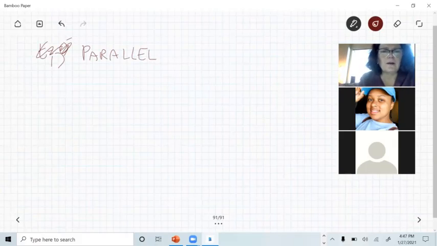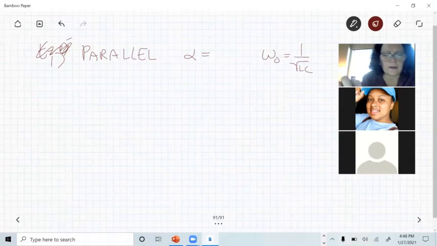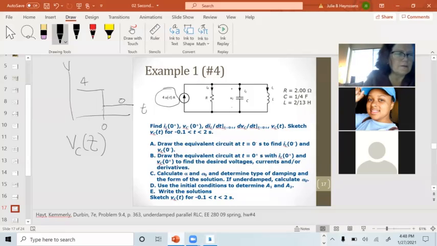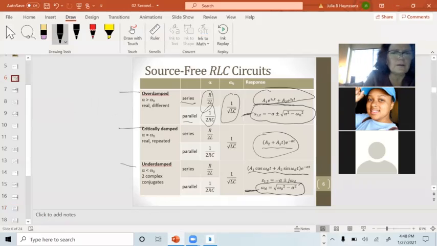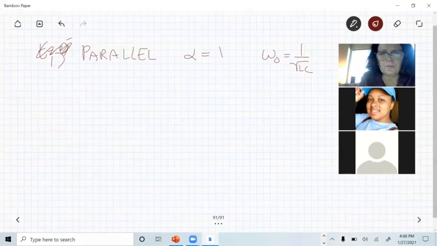So it's parallel. We want to calculate alpha and omega naught. Omega naught is always 1 over the square root of LC. And alpha, we're on slide 17. Alpha for a parallel circuit is 1 over 2RC.